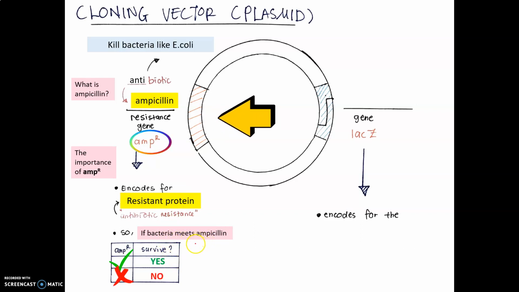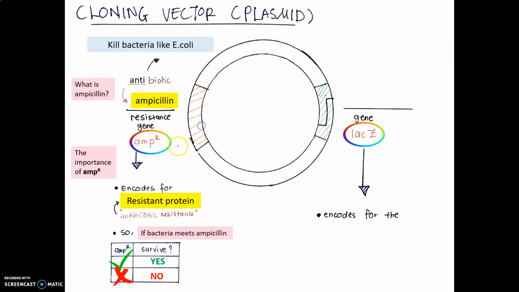Tidak, because the bacteria do not have AMPR, means it cannot encode for resistant protein, means dia akan dibunuh lah kerana dia tidak ada pertahanan. Only bakteria yang ada plasmid, yang ada AMPR gene ini, dia akan menghasilkan protein pertahanan terhadap ampicillin, hence they allow ampicillin tadi to be inactive dan dia akan survive lah walaupun dia dikelilingi oleh musuh, tetapi dia ada hasil pertahanan diri dia boleh survive. Okay? Itu konsep yang awak kena tahu pasal AMPR.